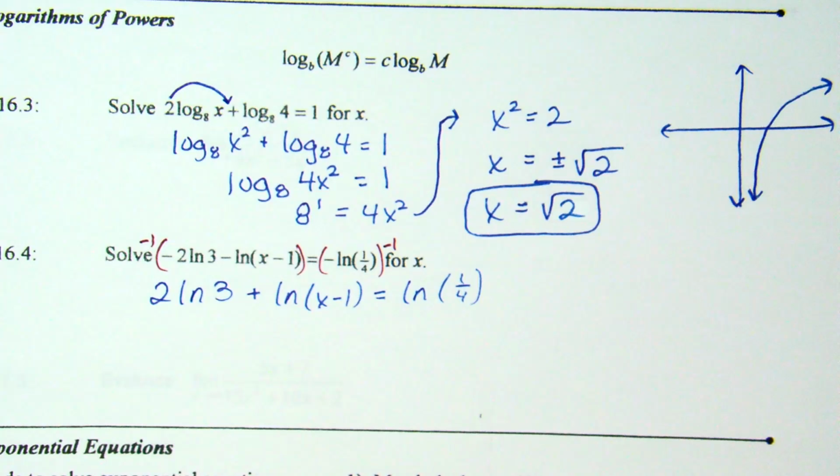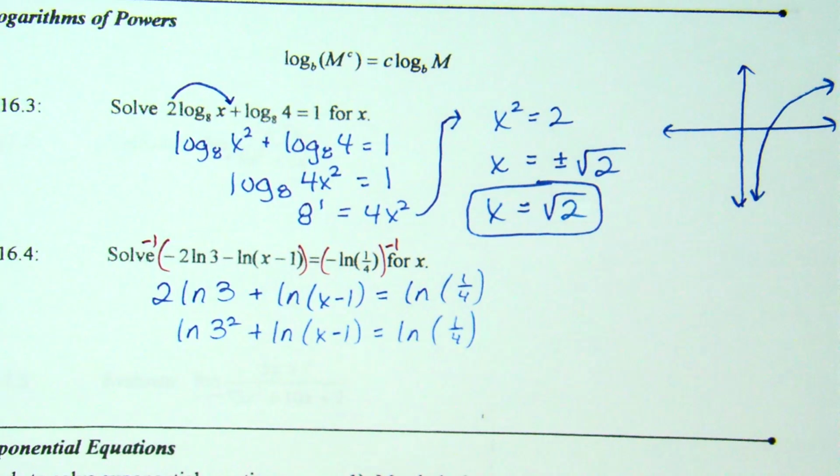And so now, deal with the power. Take that 2 and put it in the power there. So natural log of 3 squared plus natural log of x minus 1 equals natural log of 1/4. What's next?